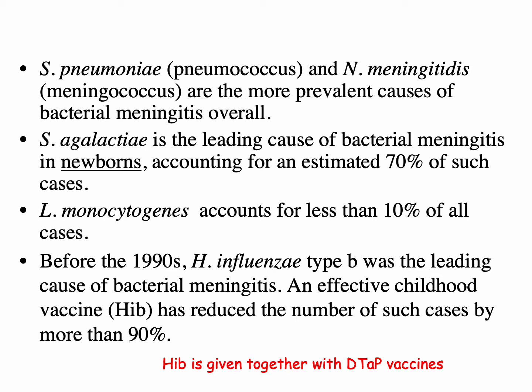It's estimated that 70% of the cases in newborns are caused by Streptococcus agalactiae. Listeria monocytogenes is only 10% of the cases, so it's much less common.